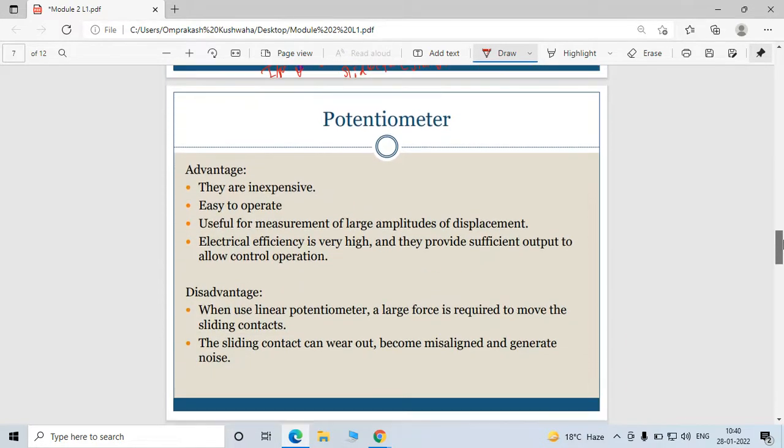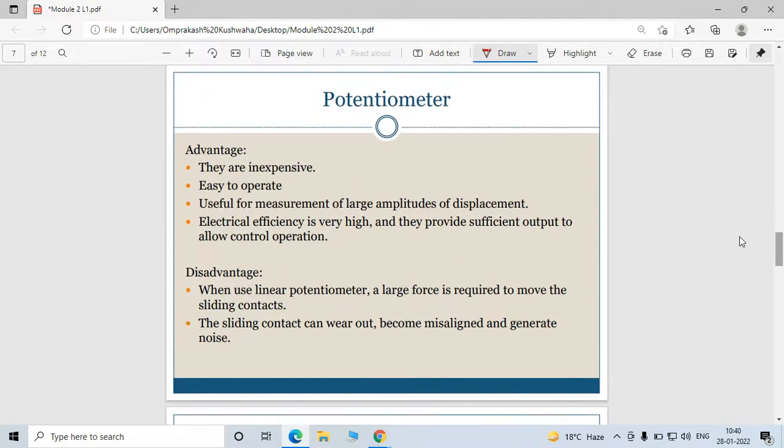Now, the advantage of this potentiometer is that it is inexpensive. Okay, and the accuracy of this potentiometer is greater than your voltmeter.